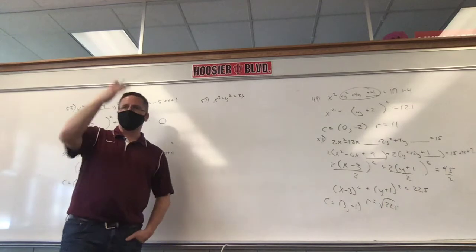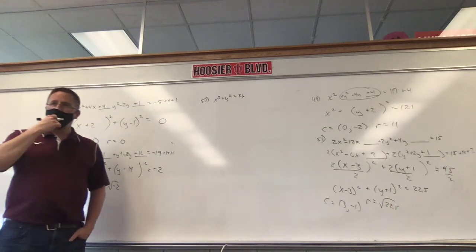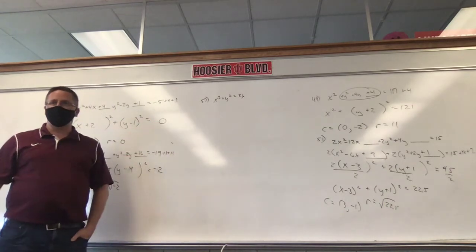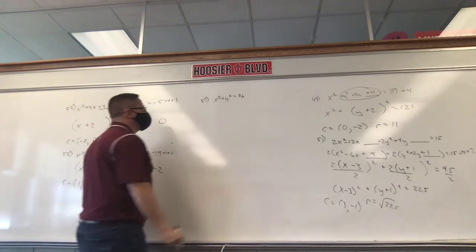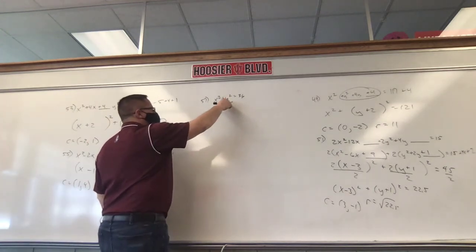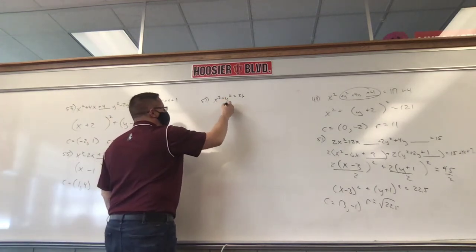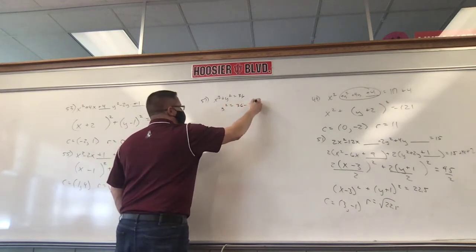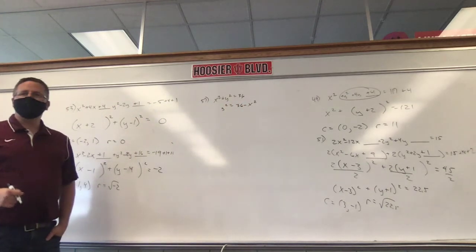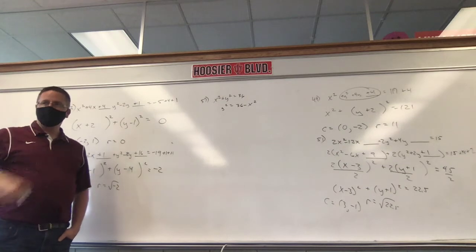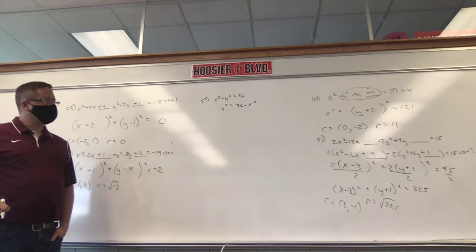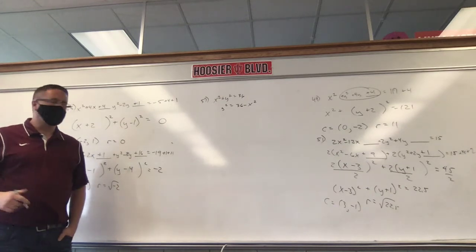Well, up and down is what variable? Y. The y. So we need to solve this for y. So what's the first thing we're going to do to get y by itself? Subtract what? X squared. So y squared equals 36 minus x squared. What's the last thing I have to do to get y by itself? Divide. Not divide. How do you get squares? Square root.